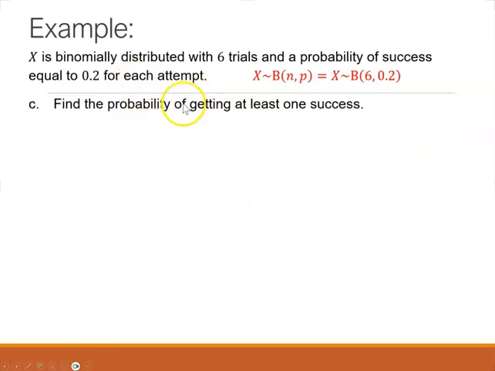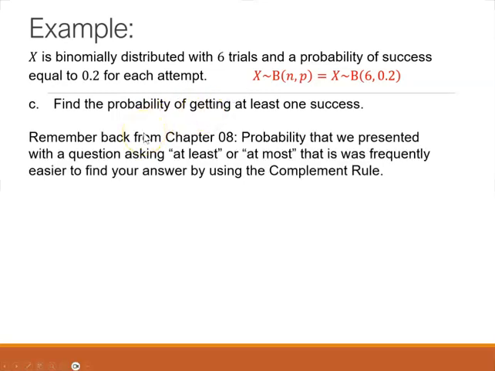The probability of getting at least 1 success. What does at least mean in mathematics? Greater than or equal to, right? Remember back in chapter 8 when we ran into these at least or at mosts? Oftentimes we use that complement rule, like 1 minus the complement, to make our lives easier.